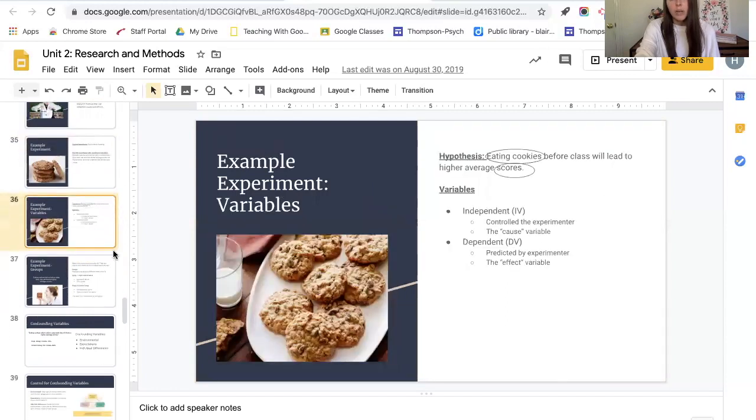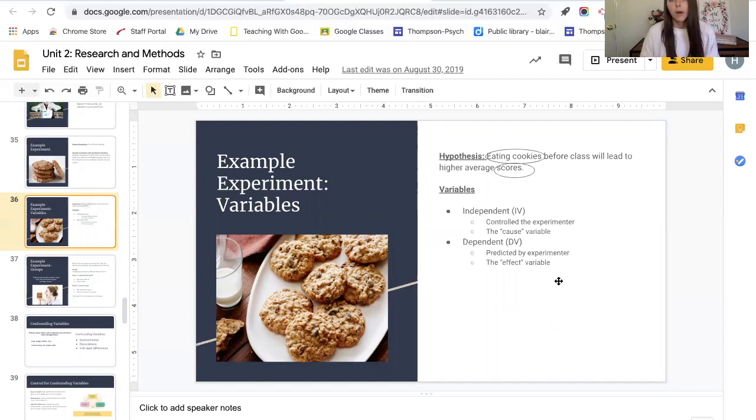So you always have to have an independent and a dependent variable, right? The independent variable is controlled by the experimenter. This is the cause variable. And the dependent variable is the one that's predicted, and that's the effect, right?